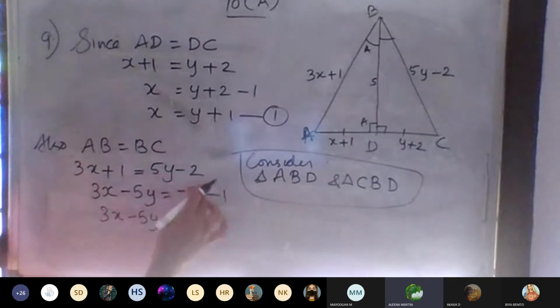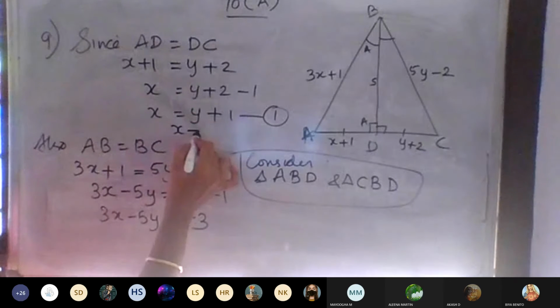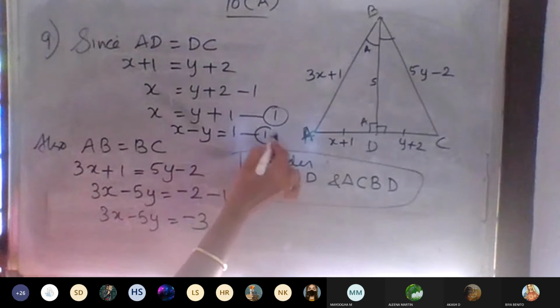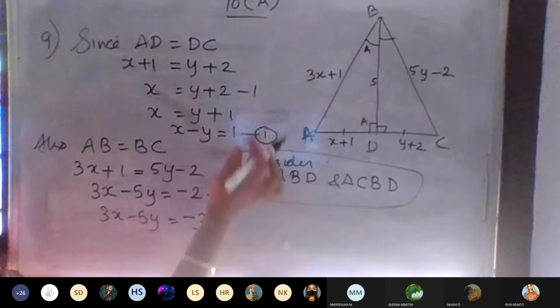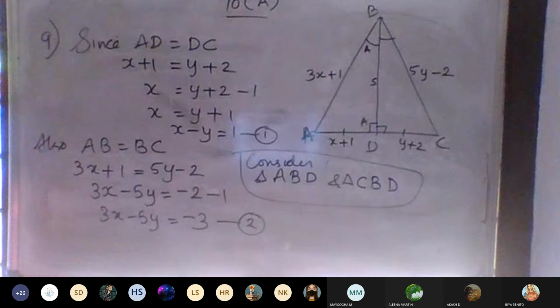One more thing: x is equal to y plus 1, so x minus y is equal to 1. Let it be equation number 1, and this one equation number 2. Then we solve the simultaneous equations.